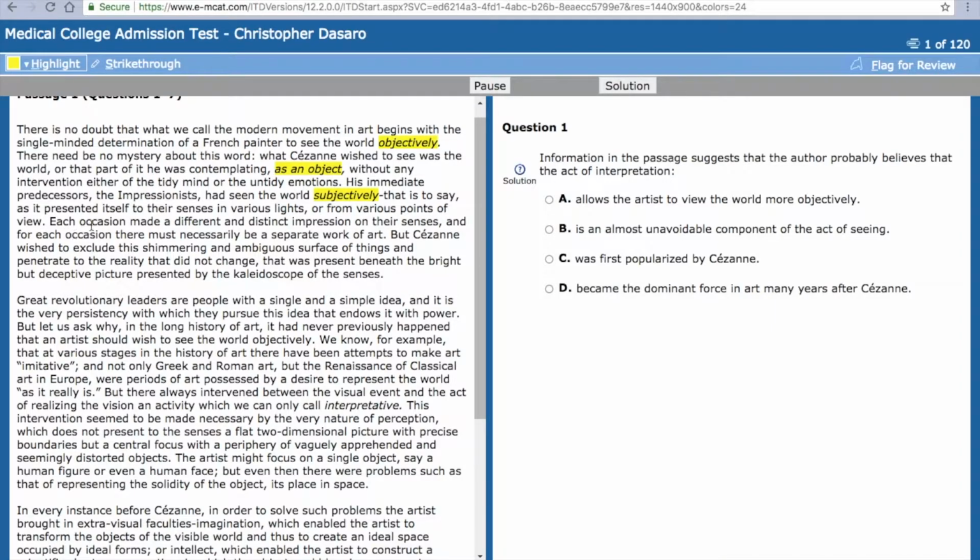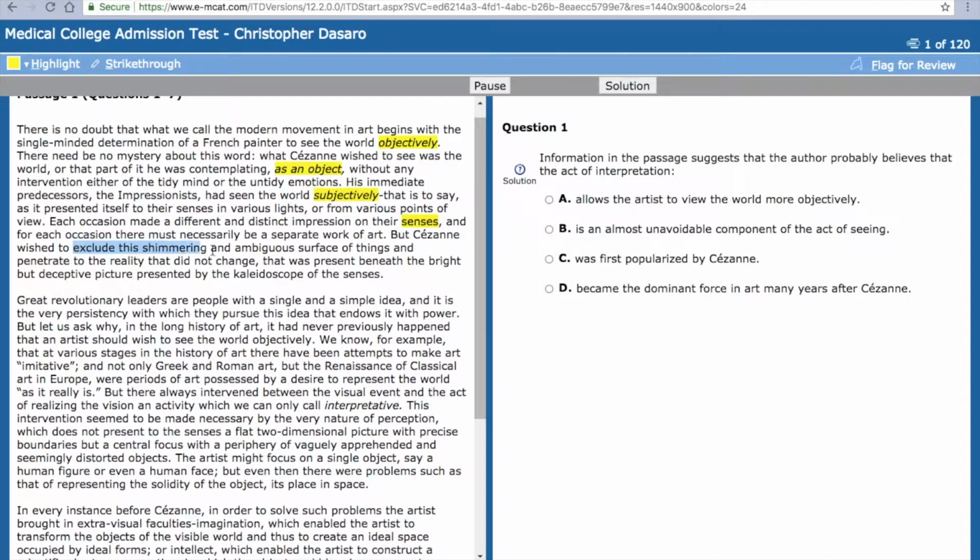"Various points of view. Each occasion made a different and distinct impression on their senses." Let's say senses. "And for each occasion, there must necessarily be a separate work of art. But C wished to exclude this shimmering and ambiguous surface of things and penetrate to the reality that did not change." So this seems important.